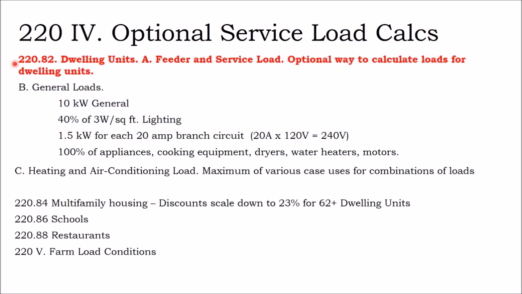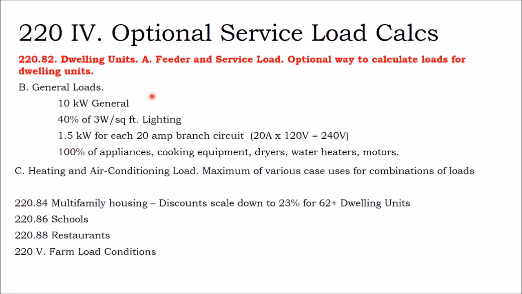And a 200 amp electric service, how many kilowatts is a 200 amp service? Residential, a volt times an amp is a watt, and so 240 volts times 200 amps is 48 kilowatts. So most homes are going to be 48 kilowatts or less.